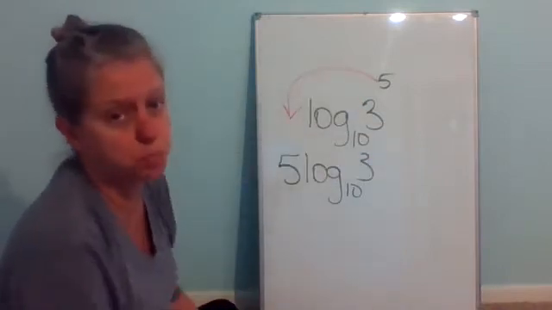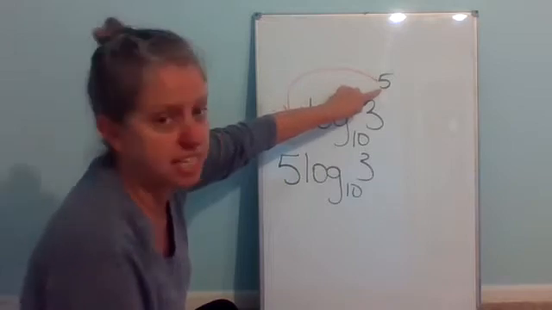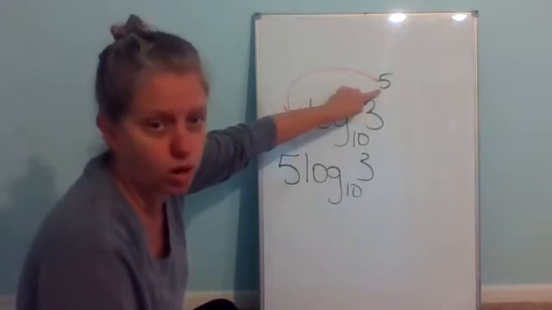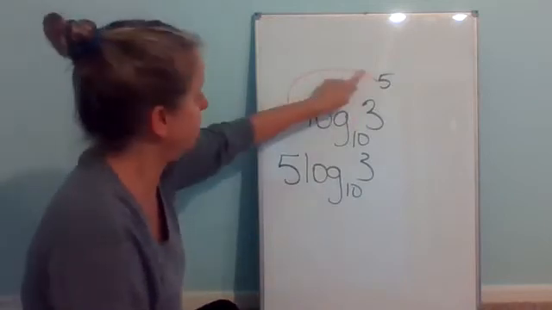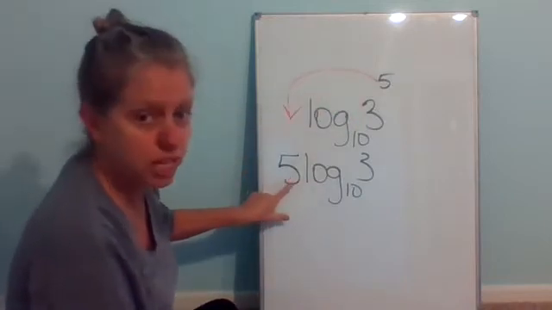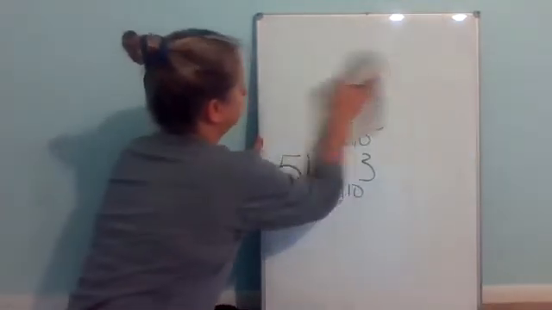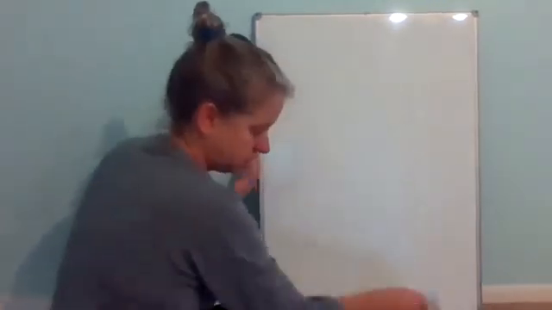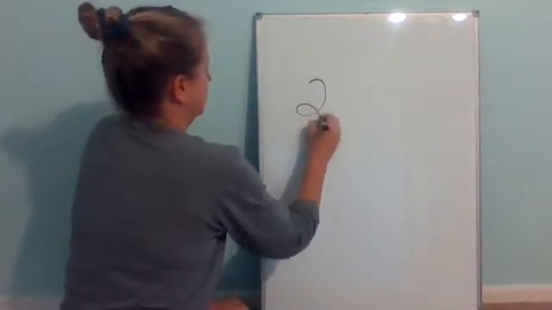We are going to use this property now because sometimes our x is in the exponent that we need to solve for, and you can't isolate an x if it's in the exponent. But if you bring it down here, then you can isolate it. So let's look at number 3. You've got 2 to the x equals 19.